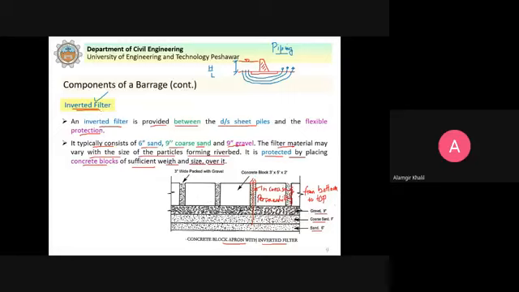So increasing permeability from bottom to top, so that only the water can escape and not allow the soil particles to travel, because there will be soil here. So this soil cannot travel up. Only the water is allowed to escape.